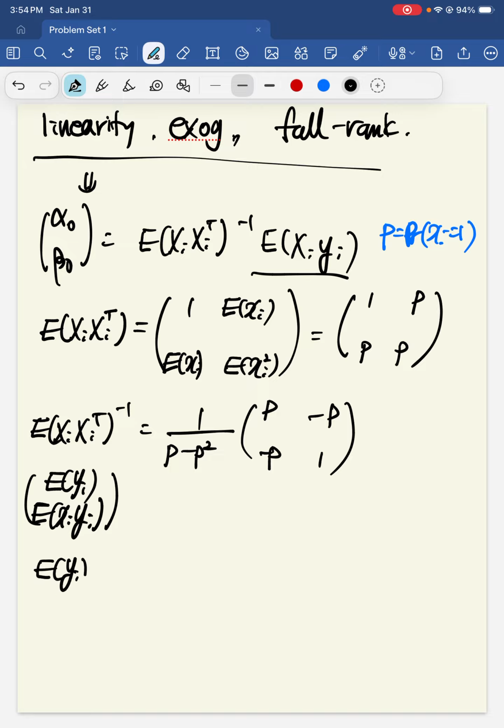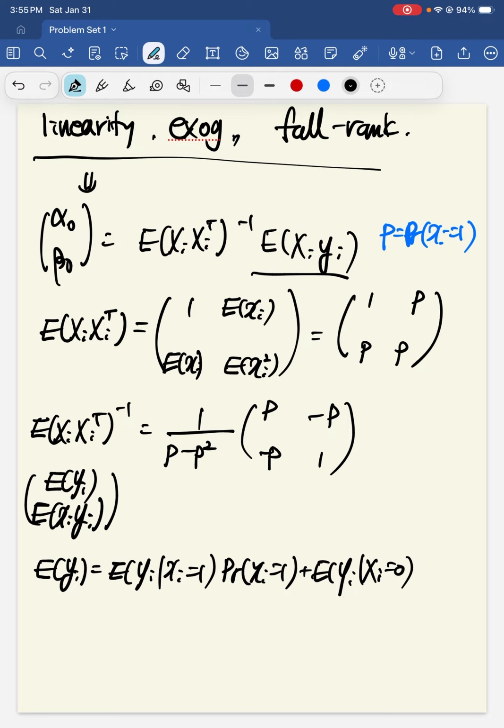Expectation of y will be decomposed as before, expectation of y given x equals 1 times probability x equals 1, plus expectation of y given x equals 0 times probability x equals 0. But here, instead of the probability, you can use P, and this part is 1 minus P.